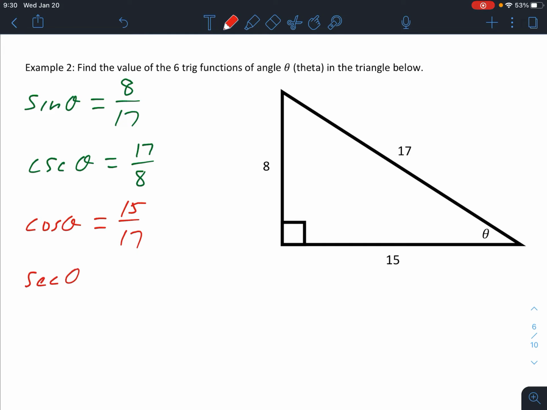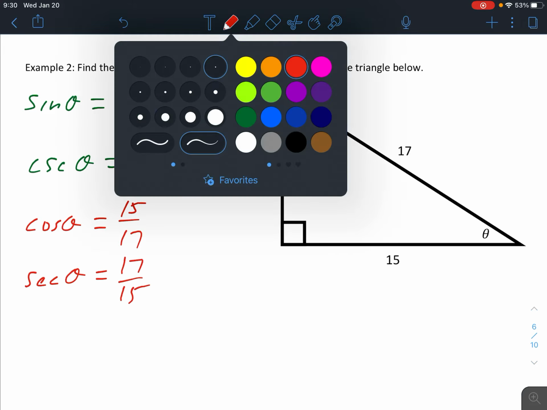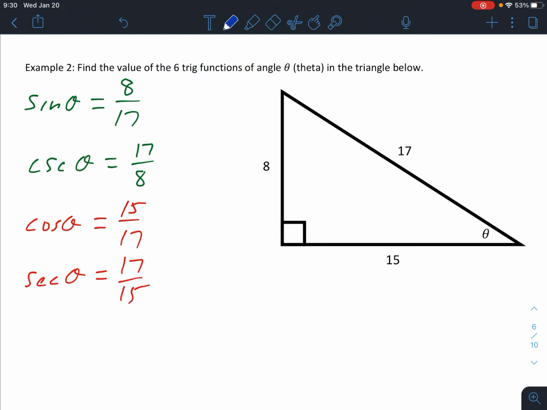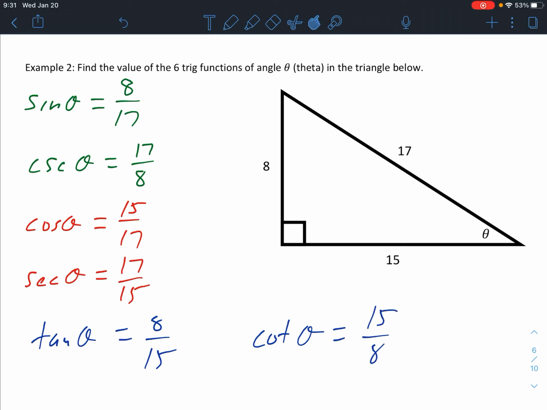And I know the reciprocal of cosine is secant, so 17 over 15. And then we have our tangent. Tangent, remember, is opposite leg over adjacent leg, so 8 over 15. And the reciprocal of tangent is cotangent, so 15 over 8. And there we have our 6 functions.